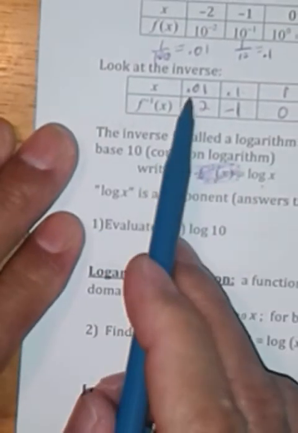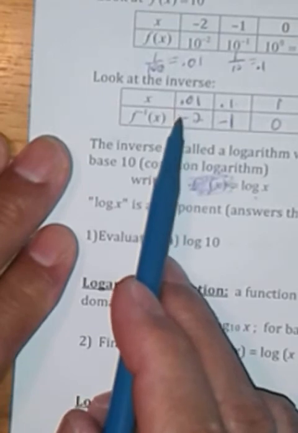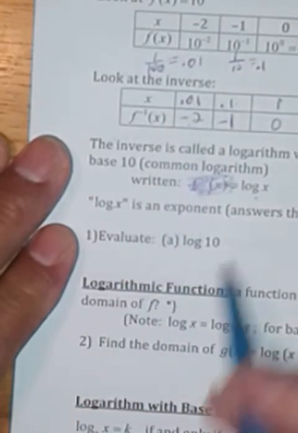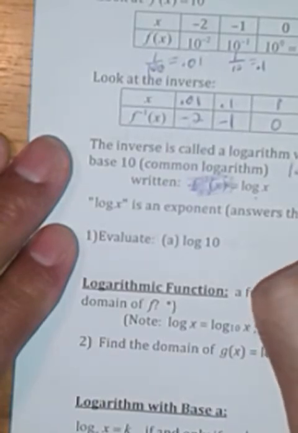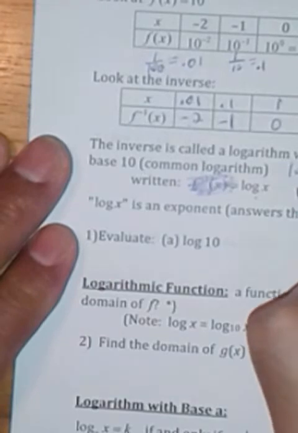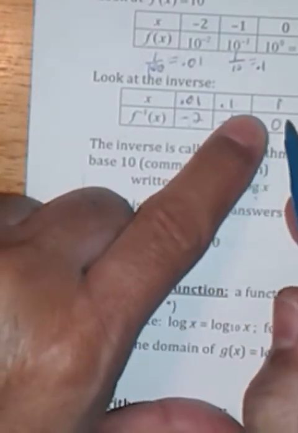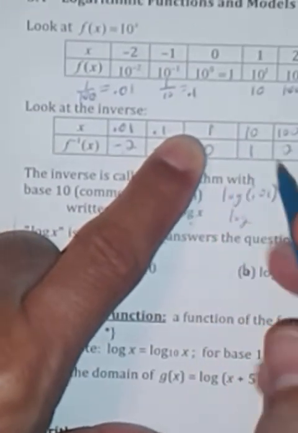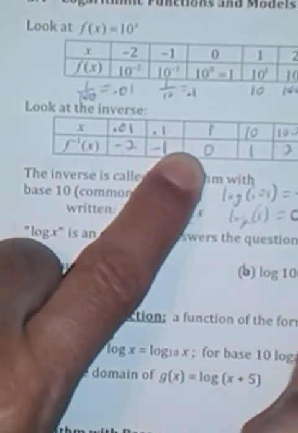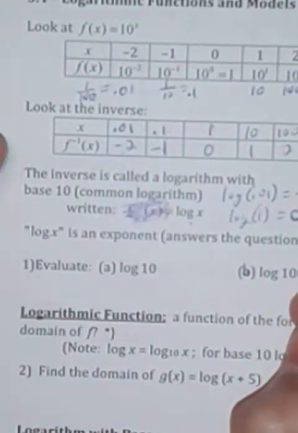So for this one, 0.01, we would write log of 0.01, and that would be -2. We would write it this way: log of 0.01 is -2. Log of 1 is 0, the exponent. Notice that the answer is the exponent.